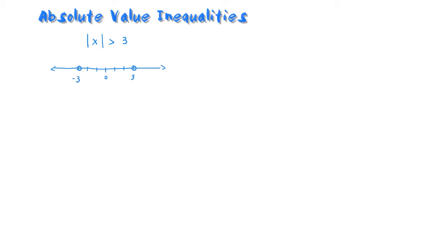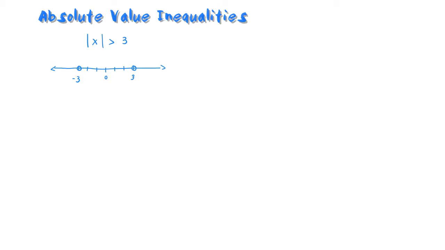What this is telling me now is that since I have the absolute value of x is greater than 3, the values of x that satisfy this inequality are all x values that are more than 3 units away from 0.